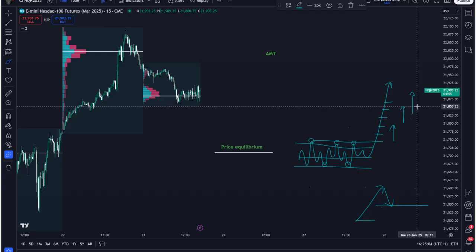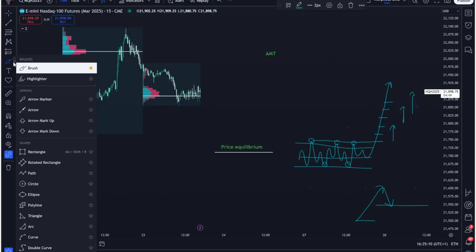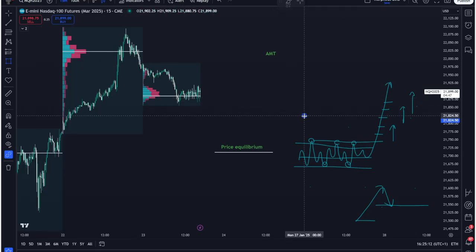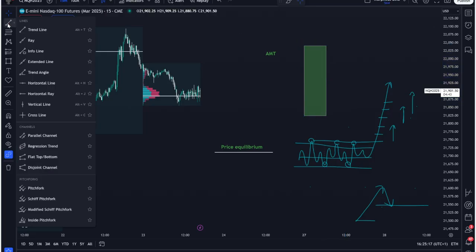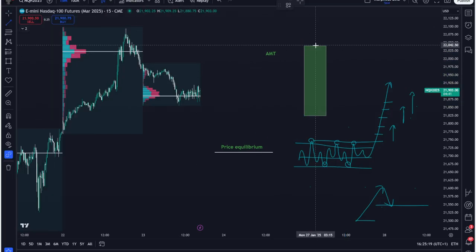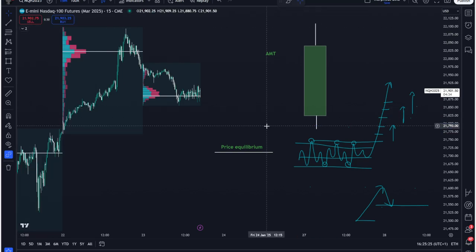The problem is that price action traders base the condition of imbalance on the candle. And I want to ask a question to everyone who is present here in the live. If this is a buy candle, and we are basing our analysis on a normal candlestick, are we really able to see where the aggressive buyers are, where the imbalance in the interaction between traders is present inside this candle, or are we blind?